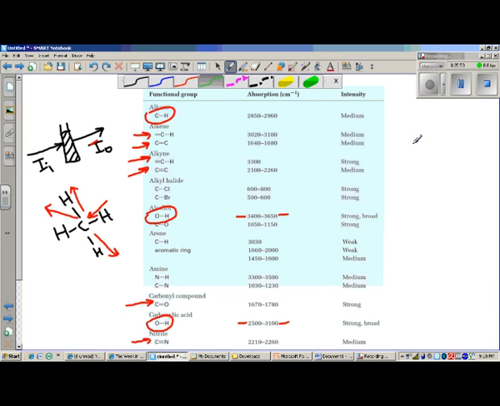One thing to understand about this table, it should not be taken as gospel. Alright? Not gospel. In class, I'll be giving you guys at least one handout that's way more detailed than this, because carbonyl groups differ in terms of where they absorb depending on the functional group, whether it's an aldehyde or a ketone or an ester or an acid chloride.